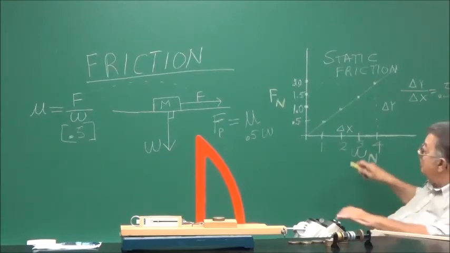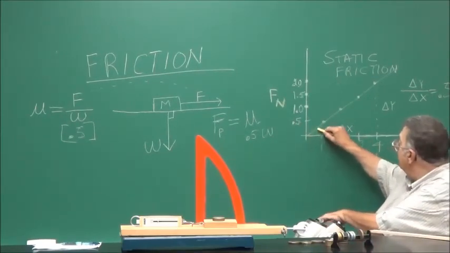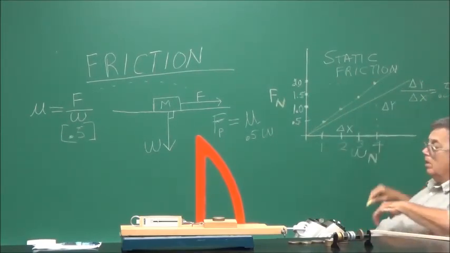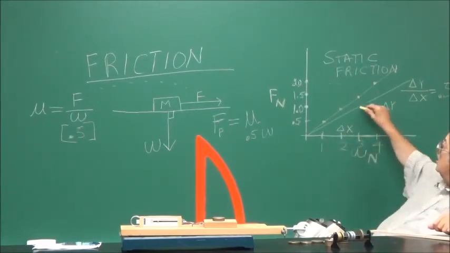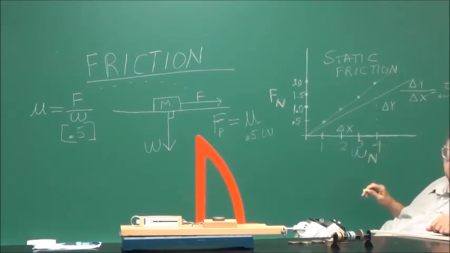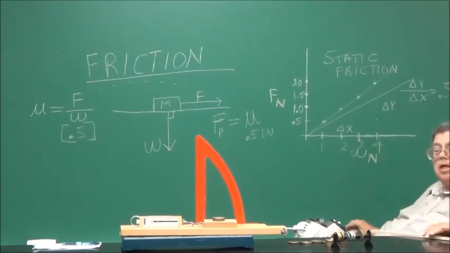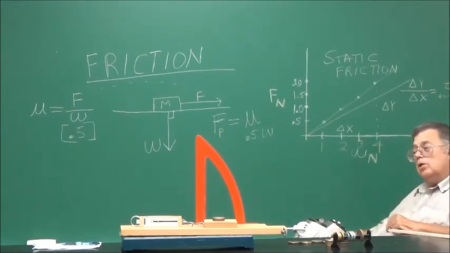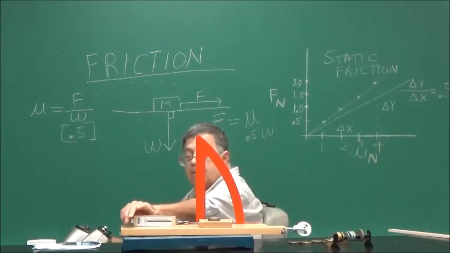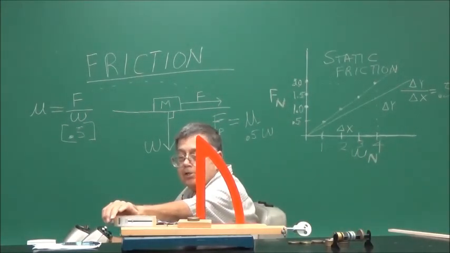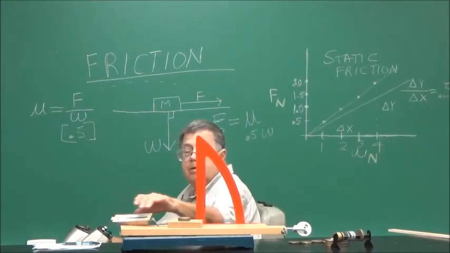In fact, what you would find is that the coefficient of sliding friction for every amount of weight is going to be less, which just makes sense. It takes less force to push something, or in this case pull it, than it does to get it started.